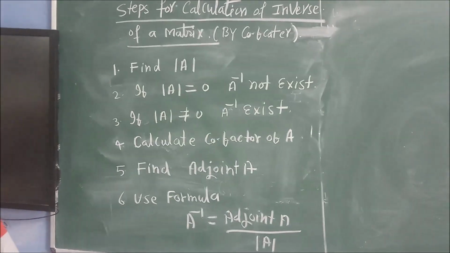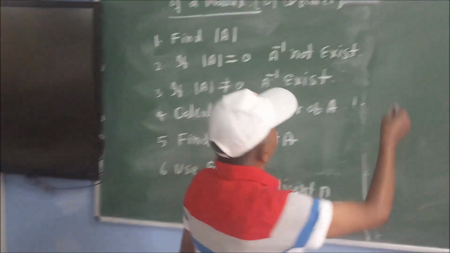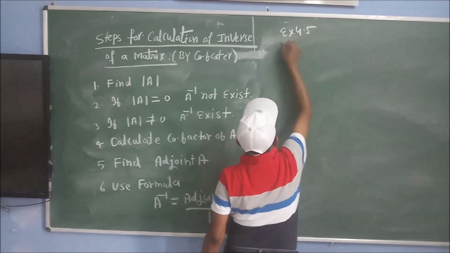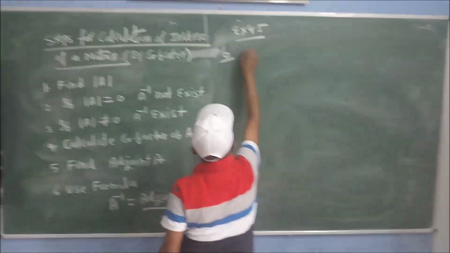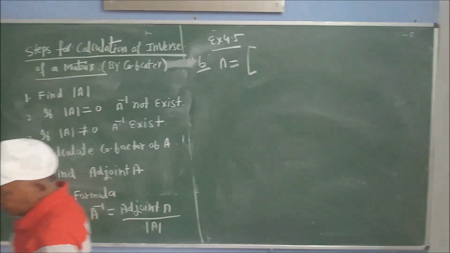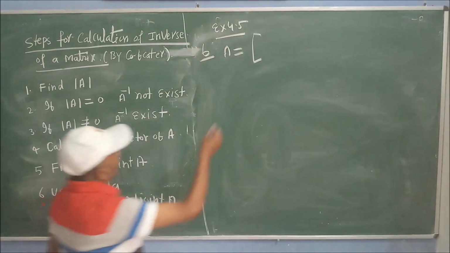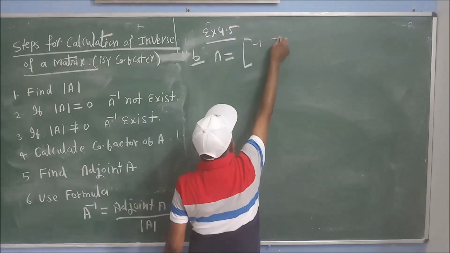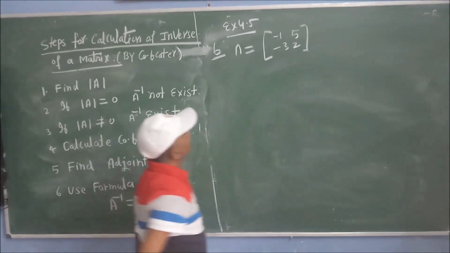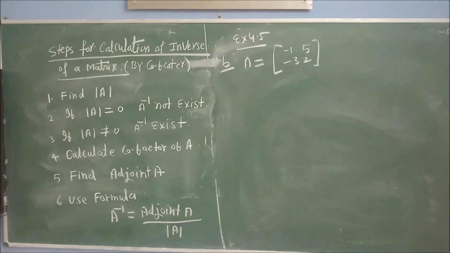Now come to exercise 4.5, question number 6. A is a matrix and its elements are -1, 5, -3, 2.